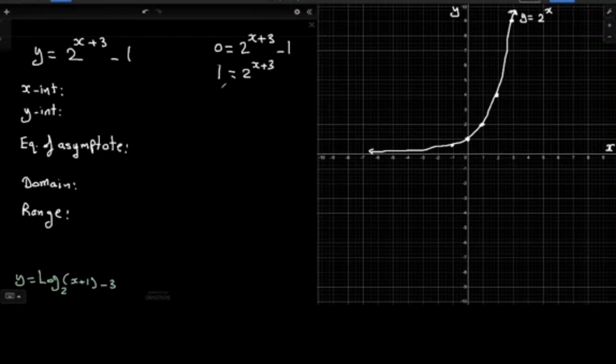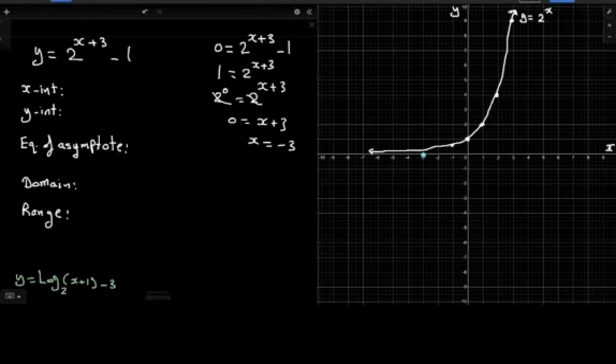Now I know 2 to the 0 gives you 1, so I'm just going to change that to 2 to the power of 0 equals 2 to the x plus 3. Now we could cancel the bases, and we have 0 equals x plus 3, and therefore x equals negative 3. So my x-intercept, and I'm going to use a different color for the graph, is going to be at negative 3, so it's right here.